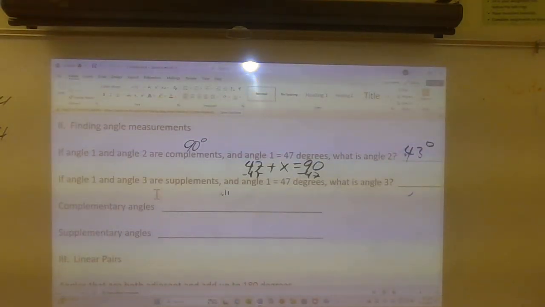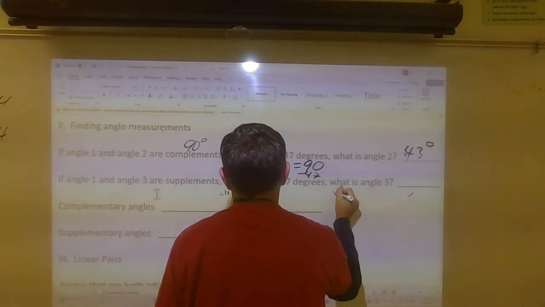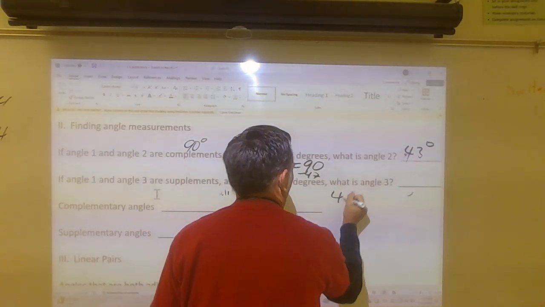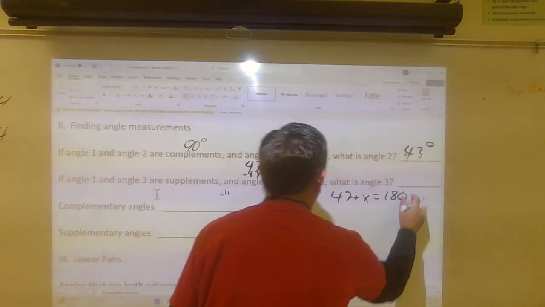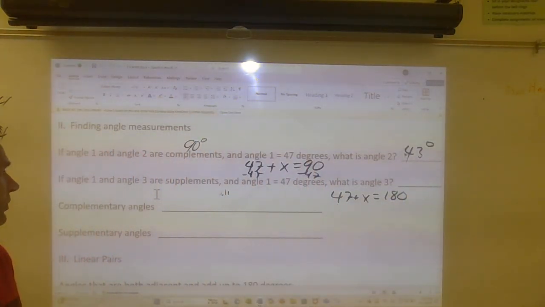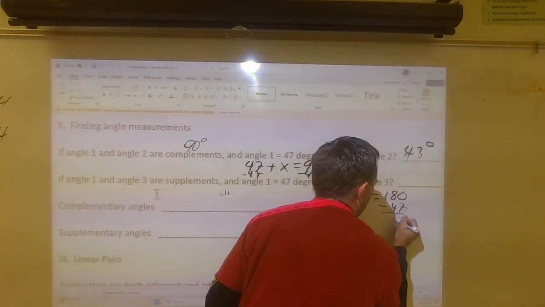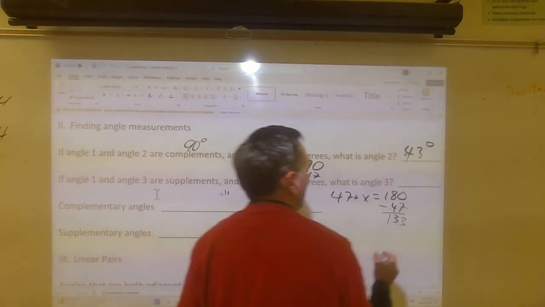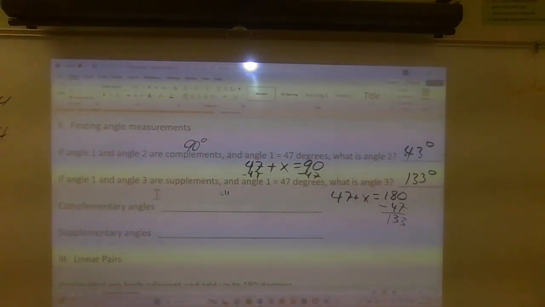If angle 1 and angle 3 are supplements, and angle 1 is 47 degrees. What is angle 3? So here we're taking 47 plus x equals 180 this time. It's making a straight angle. They're supplements. Subtract again the 47 degrees. And our answer here is 133 degrees.